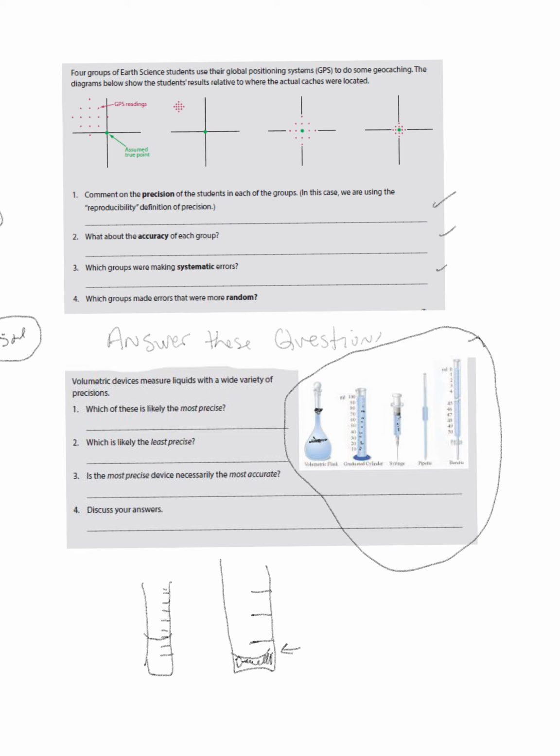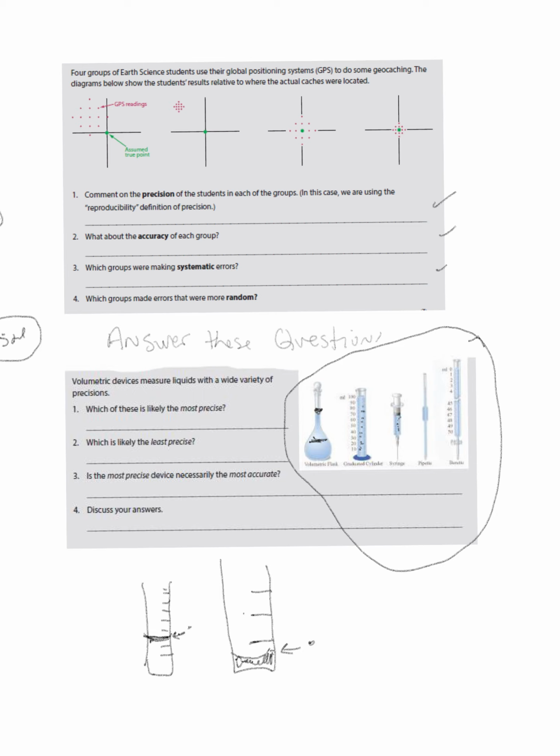But over here, because the volume is up here and I can actually see one of the divisions, I can tell what the volume is fairly easily. So if two people use this instrument to make a measurement, they're probably not going to come out very close to each other. But over here, the two people are probably going to come up with the same measurement. Why? Because that division is right there to guide them as to what that volume is.